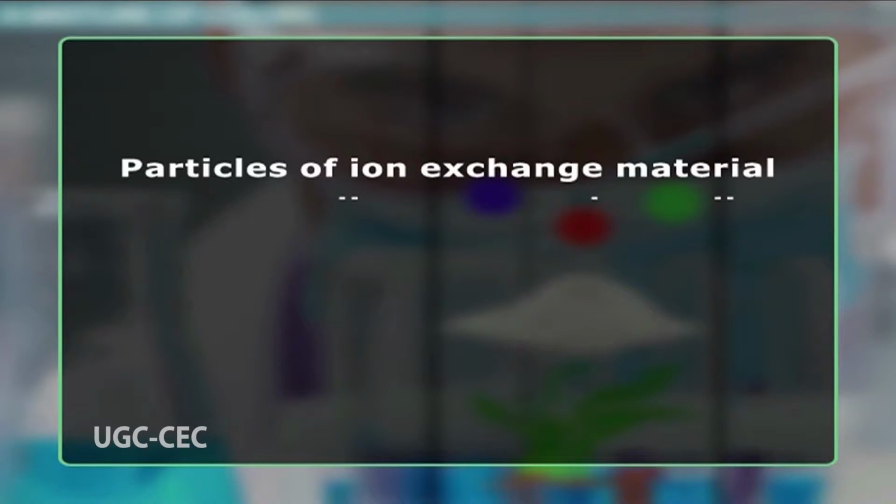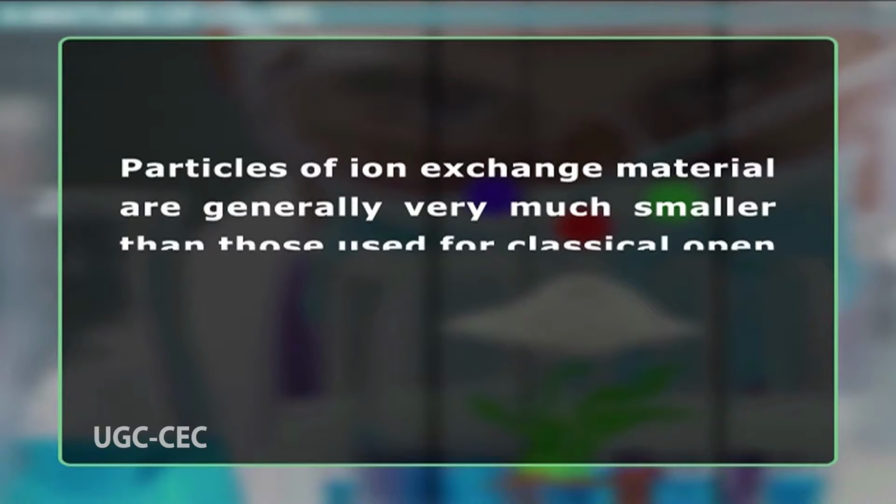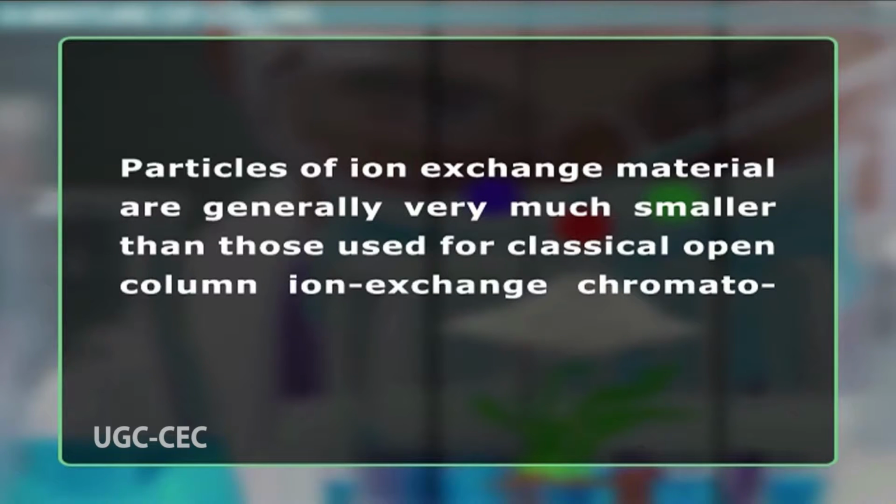In modern ion exchange chromatography, the usage of high-efficiency ion exchange materials combined with flow-through detection has overcome these challenges. Separations are performed on a column filled with ion exchanger as particles of uniform size. The particles of ion exchange material are generally much smaller than those used for classical open column ion exchange chromatography.